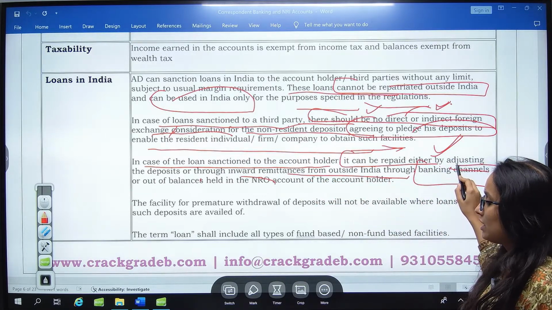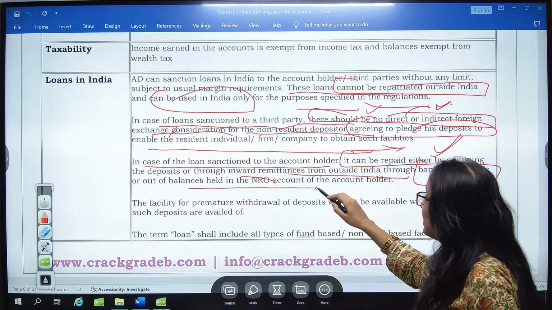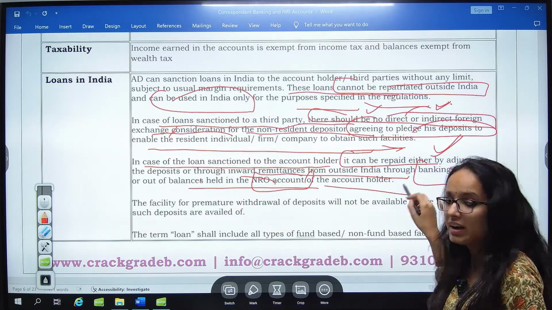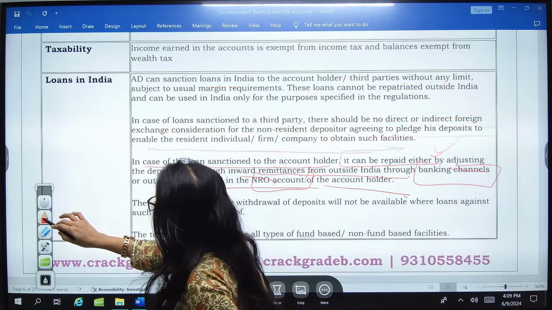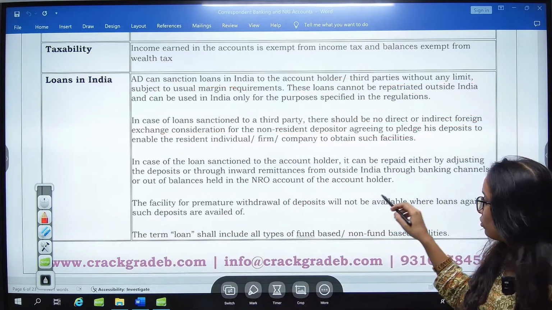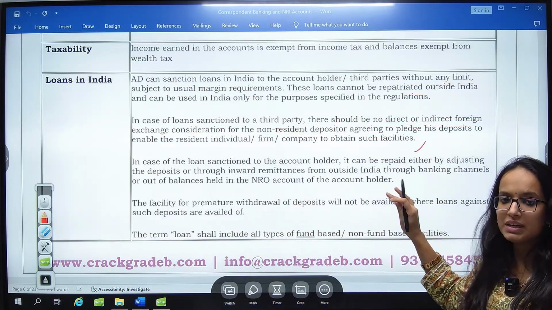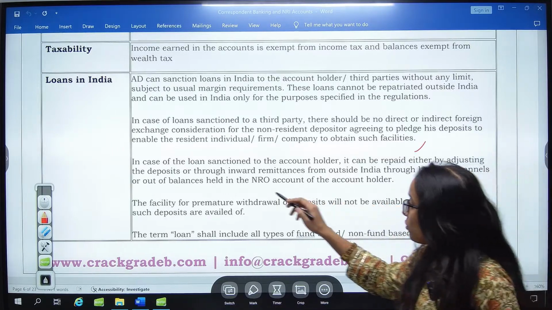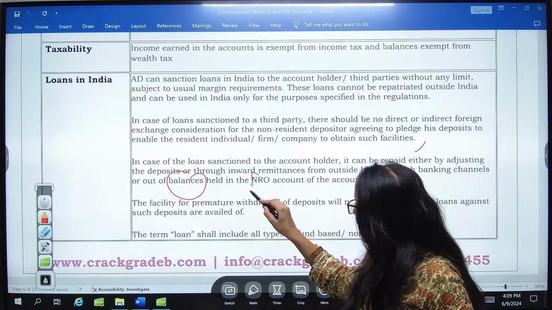Through banking channels or out of balances held in the NRO account of the account holder. One important thing you need to note here is, you can repay this loan through remittances, through deposits maintained in the FCNRB account, but also through your balances held in the NRO account.